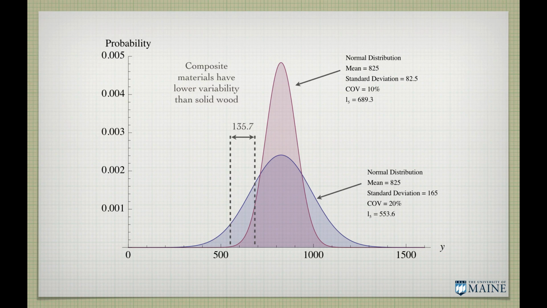Now it turns out that most composites, which is one of their benefits, have a lower variability compared to solid wood. And so I could have a composite material that on average had a lower strength by 135.7, but has the same variability.